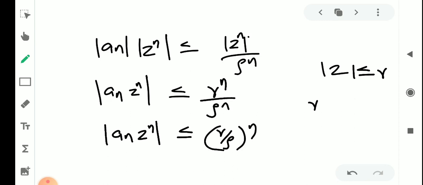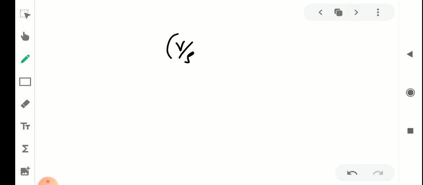We have r is less than rho, so r by rho is less than 1. So we take r by rho whole raised to n as mn, which is a sequence. When we give values to n, we get values like r by rho, r by rho whole square, etc. It's a sequence.